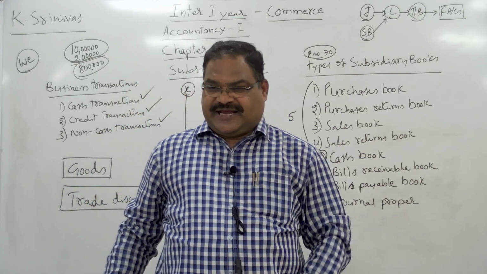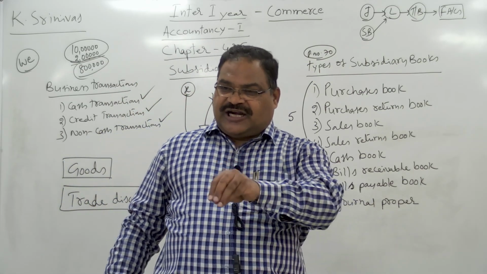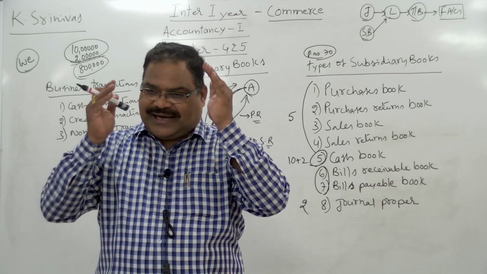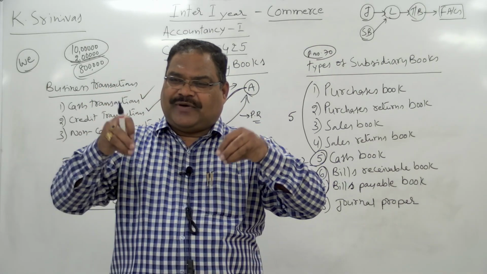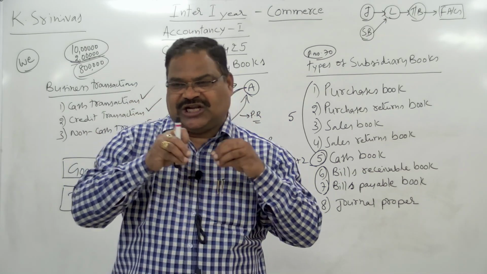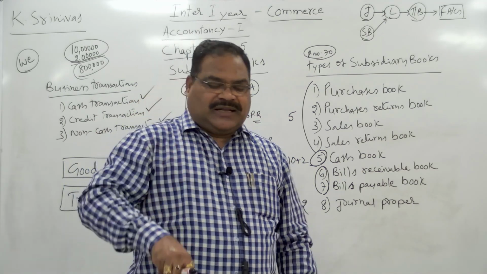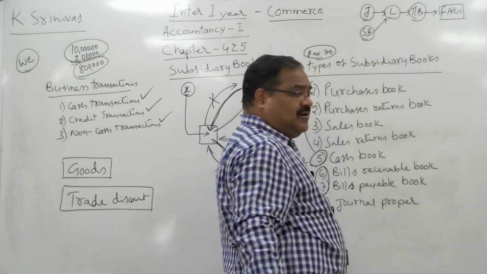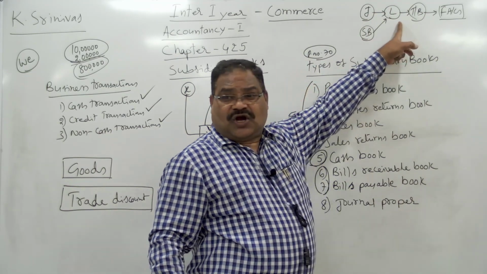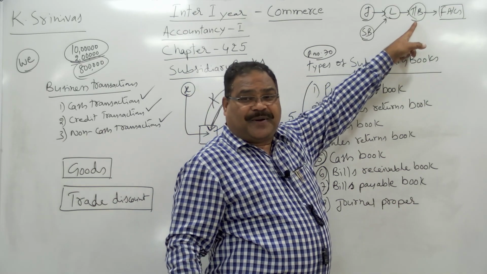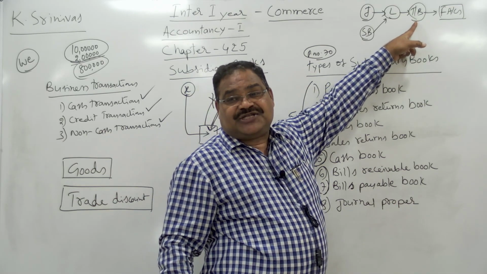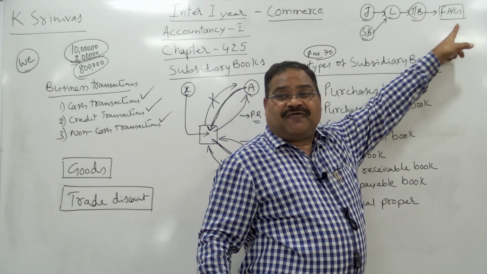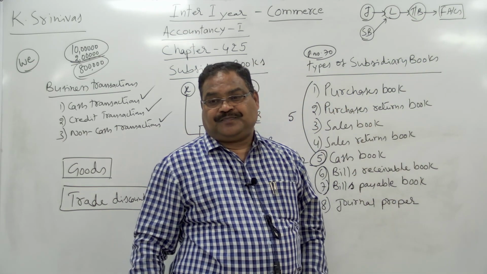Why I am explaining here: journal is the daily record. All the transactions, first we are going to enter into the journal. On the basis of the journal, we will prepare the ledger. On the basis of the ledger, we prepare the trial balance. On the basis of the trial balance, we will prepare the final accounts.